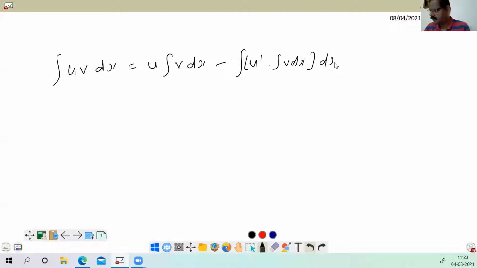So this is the formula for finding the integral of the product of two functions using integration by parts. Here also u is the first function, v is the second function. In f of x into g of x dx, f of x is the first function, g of x is the second function. So there is one rule, highlight rule.